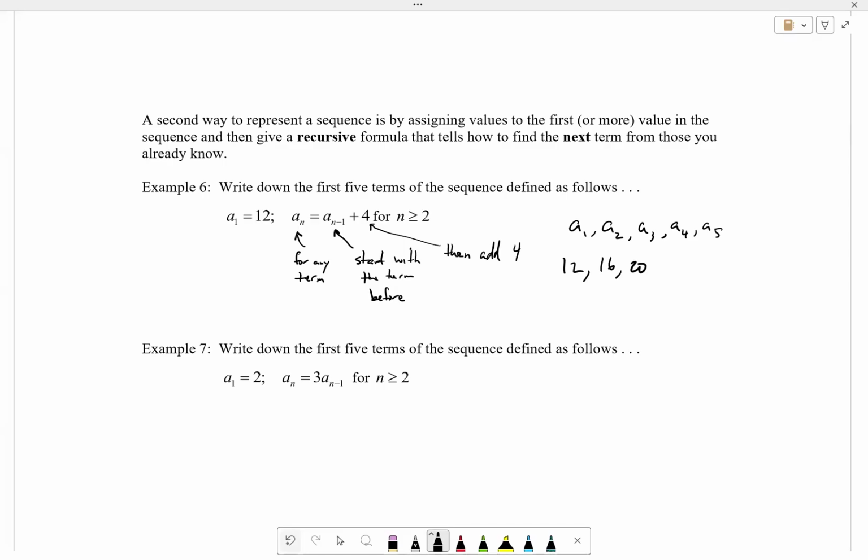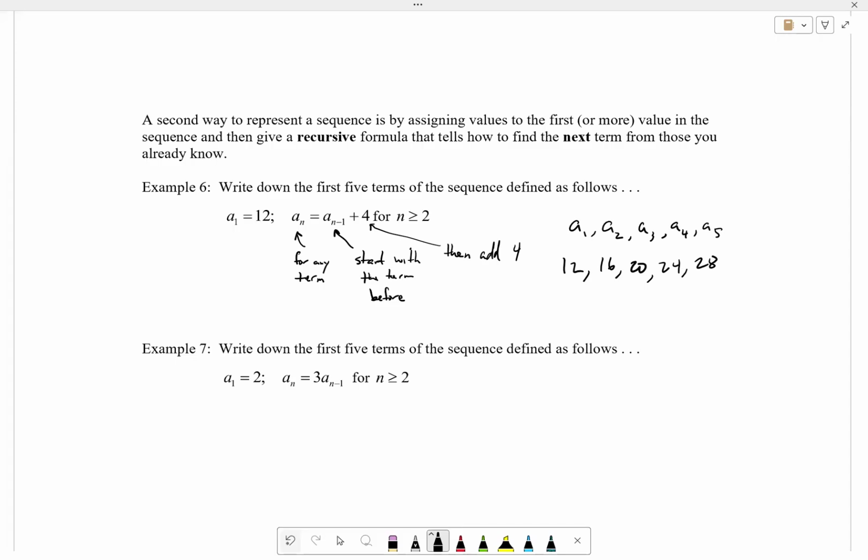How do we know it's 20? We take the previous one and add 4. The next one is 24. And then the last one is 28. Right, so it looks complicated, but it's actually not too bad, I think.